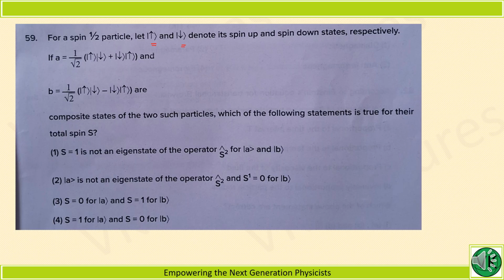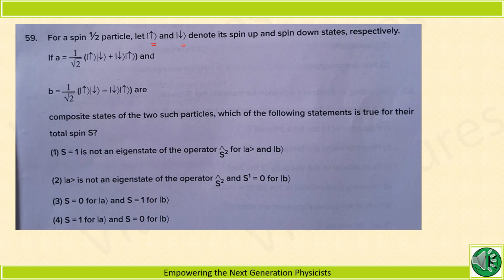If A equals 1 by root 2 (up down plus down up) and B equals 1 by root 2 (up down minus down up) are the two composite states for the two particles, which of the following statements is true for their total spin S?